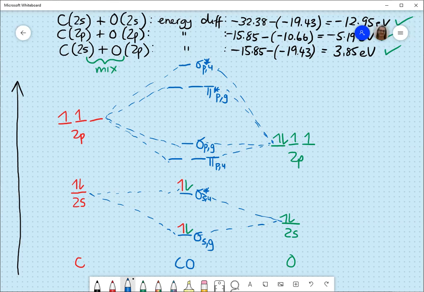Okay, so we take 1 electron from carbon, and we first fill the pi orbitals, 1 electron there, and another one can go in there. Okay, and we take another one of the electrons that can come from oxygen, 1 there and 1 there.